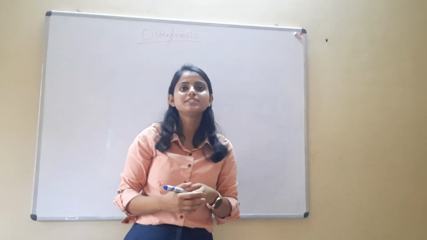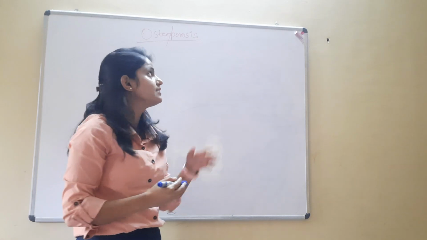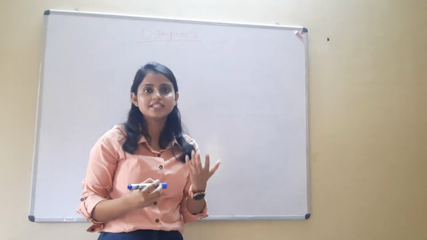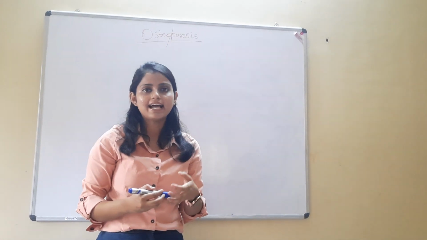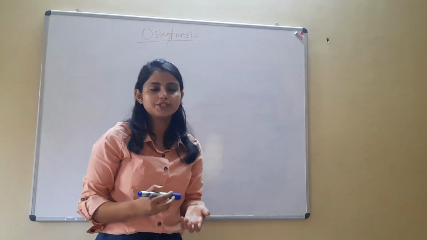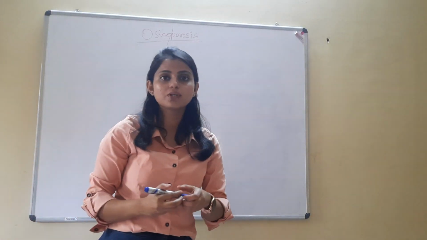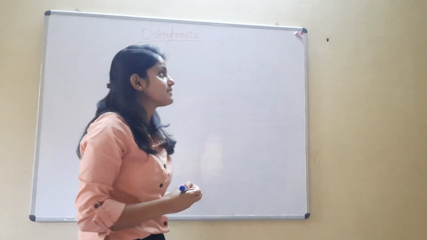Now talking about the treatment of osteoporosis, in this the osteoclastic activity has increased and the osteoblastic activity has decreased. So we have to decrease the osteoclastic activity and increase the osteoblastic activity.